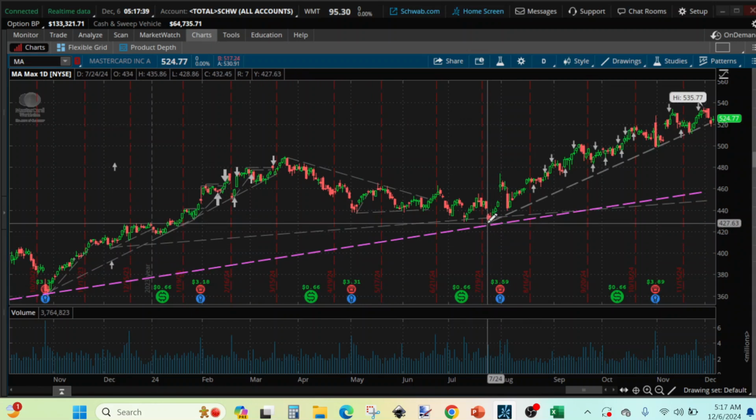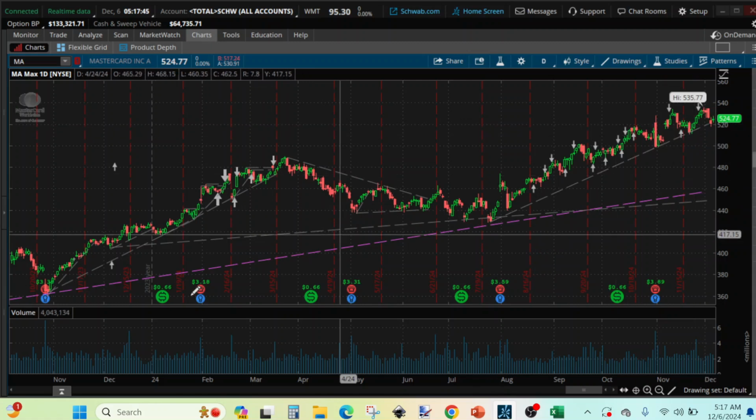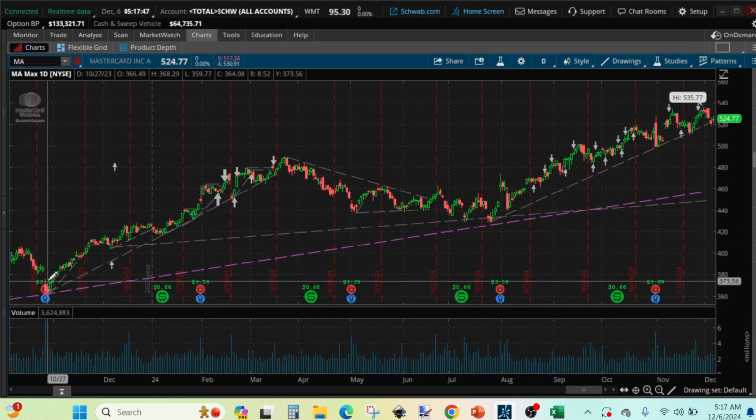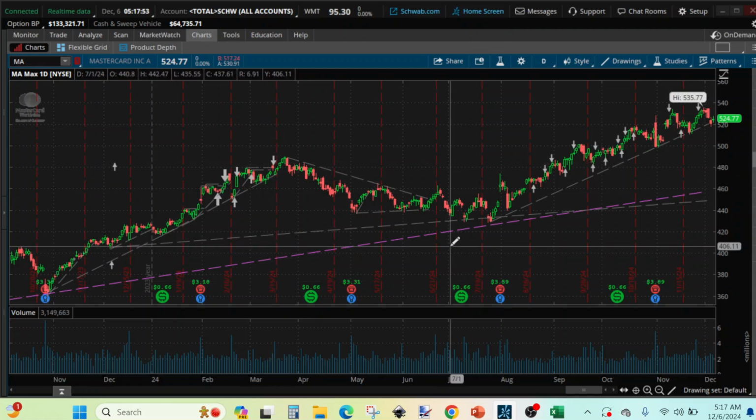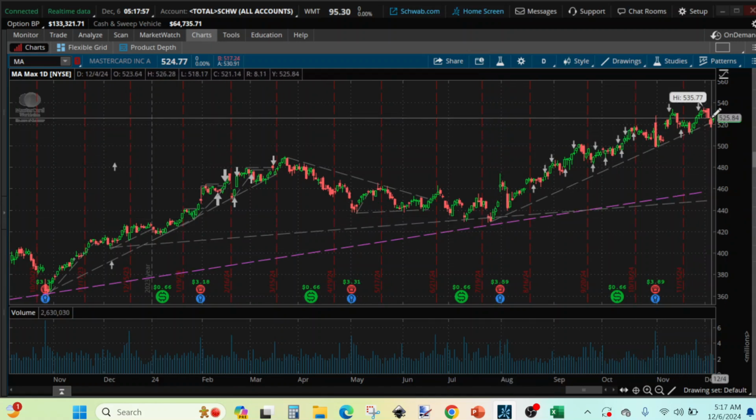And here we have July to December. So October to March, that will be a 5 month time frame, and from July to December, that is another 5 months.